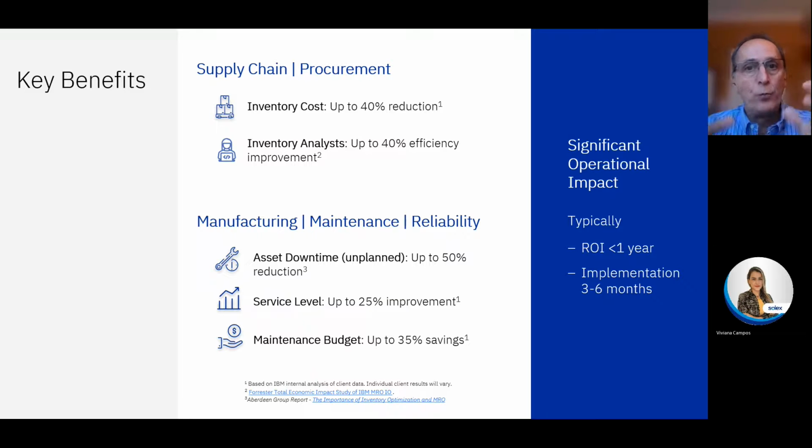And if your company can use those cash improvements to fund other projects, well, that's the savings of the solution. That's the value proposition, to take those cash benefits and use them to support other projects. Our typical ROI is less than a year. The implementation is 3 to 6 months. So it's rather a quick return on investment and a quick implementation as well.